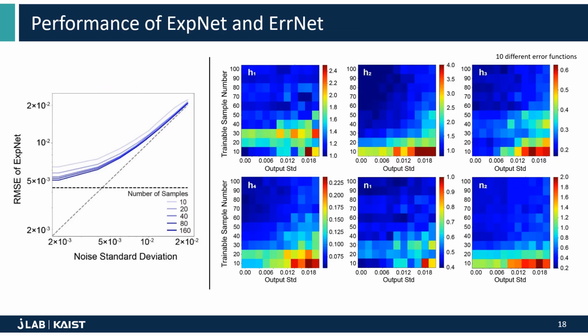Finally, we analyzed how the network prediction performance is affected by the level of the output random error. First, it's important to note that the RMSE of ExpertNet is fundamentally bounded by two limits: the intrinsic accuracy of the BaseNet and the noise floor induced by the random error.